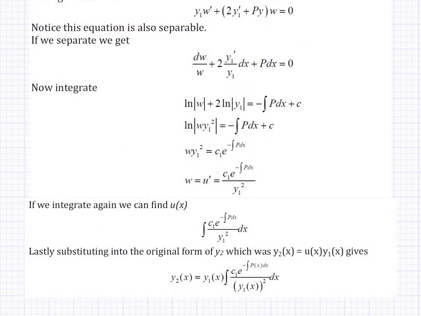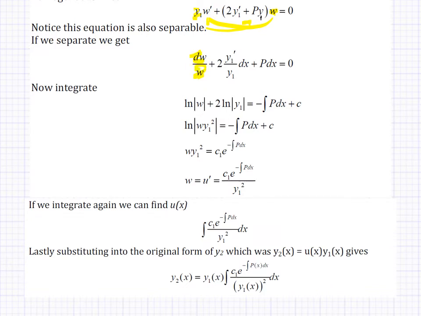Again, we're going to separate. We're going to take this w and bring it over here with this w prime, or take this y, bring it over here. Again, I keep having to fill in this little y1 right here. So if we have w prime over w, which is the same thing as saying dw over w, it's w prime over w.